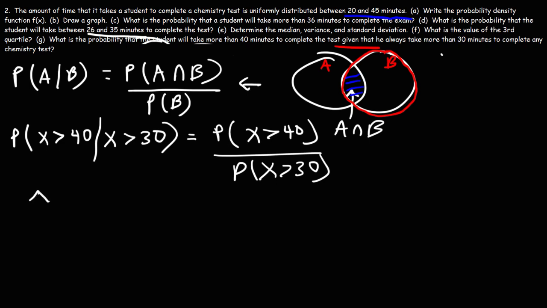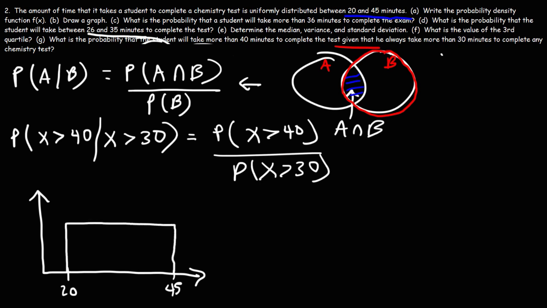Now in this problem, we're going to do something similar. So let's begin with a picture. So let's say this is 20, this is 45, and here is our rectangle. In this case, B would be the area from 30 to 45.